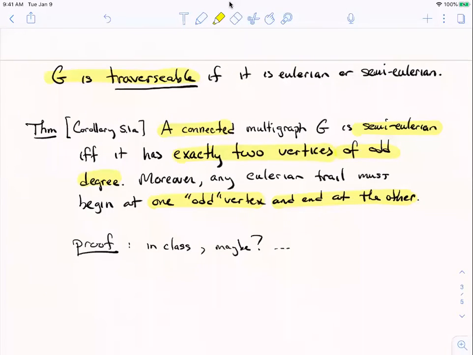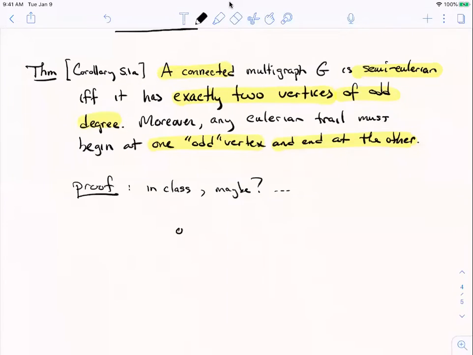So if you show me a multigraph and it has three or more vertices of odd degree, there's no Eulerian trail in that graph. Maybe you remember the Königsberg graph. We've thought about it quite a bit, so we can remember what it looks like. The Königsberg bridge problem graph looked like this.